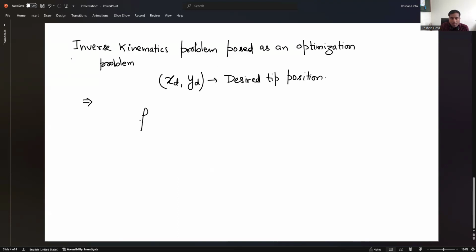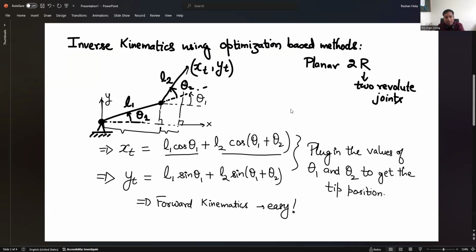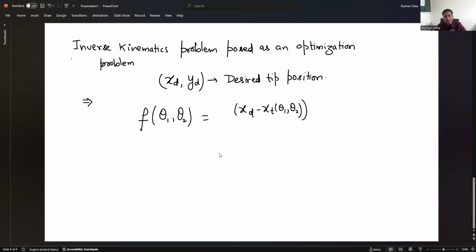If I define an objective function, which is a function of theta1 and theta2, as xd minus x tip squared plus yd minus y tip squared. So x tip is a function of theta1 and theta2, which is this function. Y tip is also a function of theta1 and theta2, which is this function.